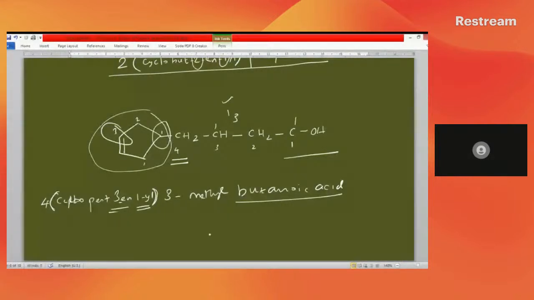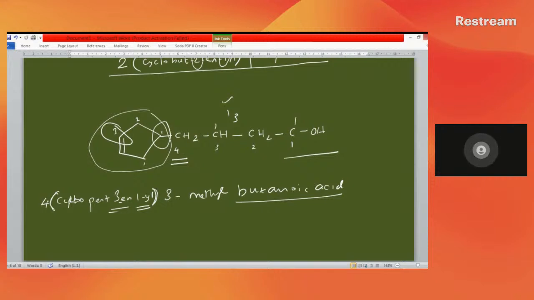And another simple rule. Based on this, if the ring as well as the side chain both contain the functional group, in the previous case the functional group is present only in the side chain.